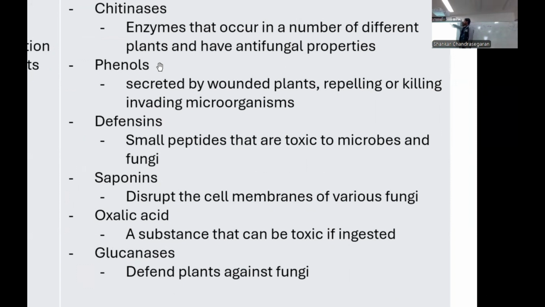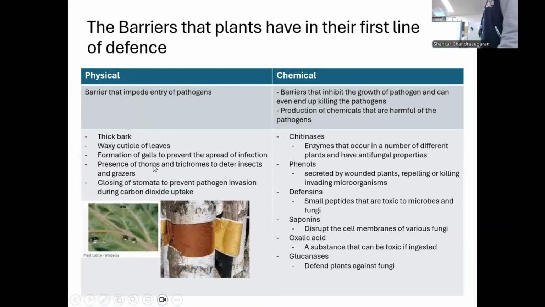And chitinases, phenols, defensins, saponins, oxalic acid, and glucanases. Right? These are all different. And again, you should at least try to remember two of them for your own memory if they ever ask a question. All right? Any questions about this one?